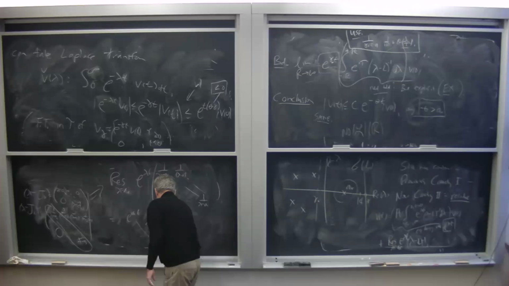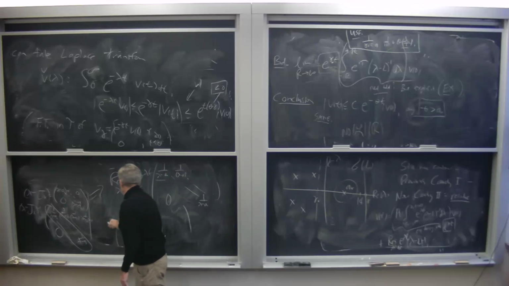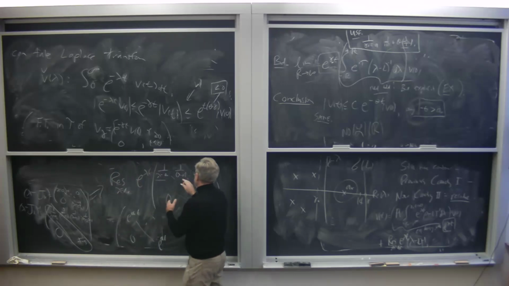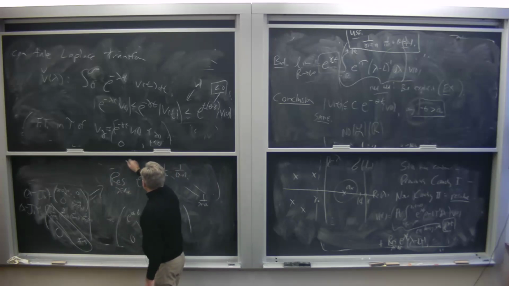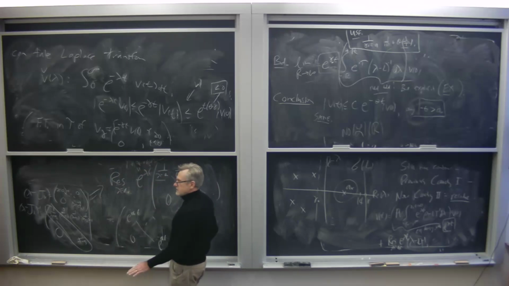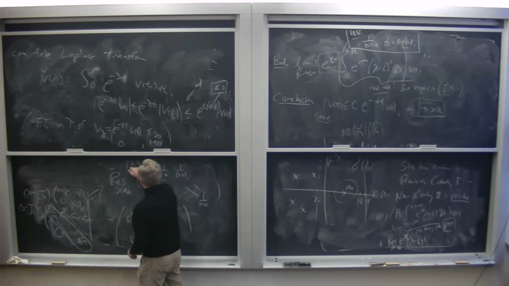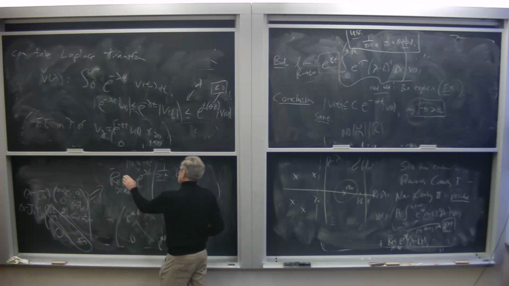That's what's down the diagonal. Now what happens at the next term? Well, we should write this out as a series: 1 plus lambda t plus lambda t squared over 2 plus etc. And so far we used this term.